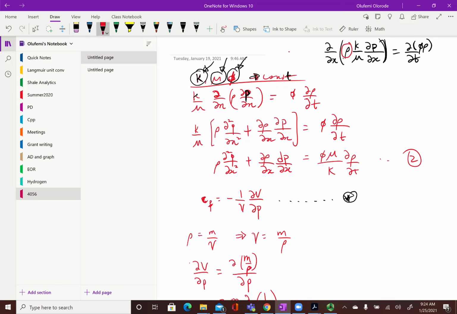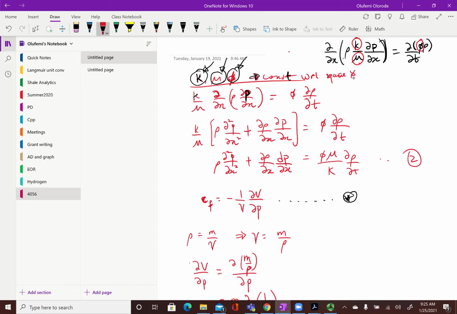So these terms, porosity, viscosity, and permeability, are constant with respect to space and time.